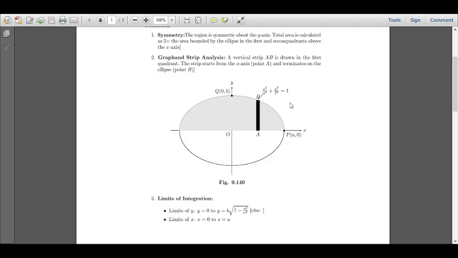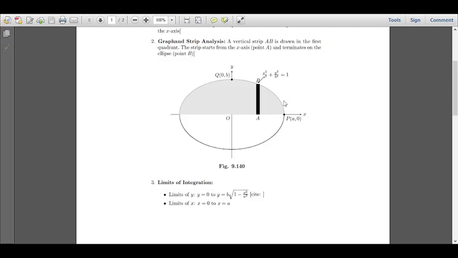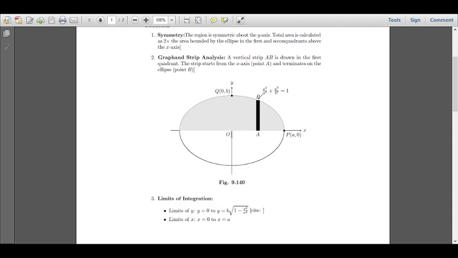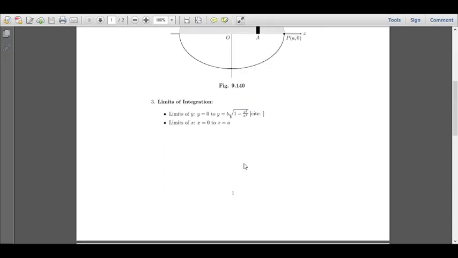Now y equal to plus or minus root of that, so that is b times square root of 1 minus x square by a square. So y varies from 0 to b times root of 1 minus x square by a square, and x varies from 0 to a, the upper boundary for the first quadrant. Think horizontally: x varies from 0 to a.